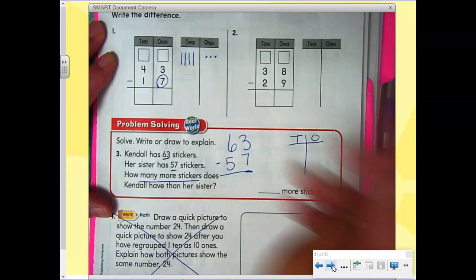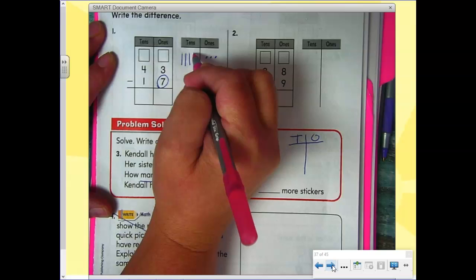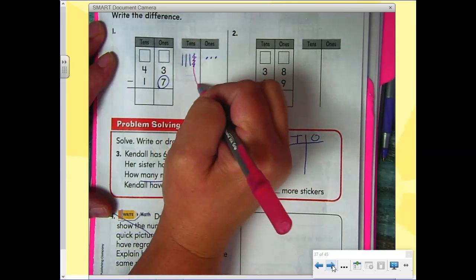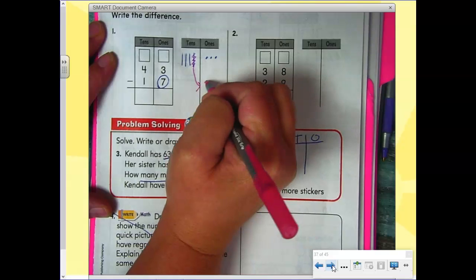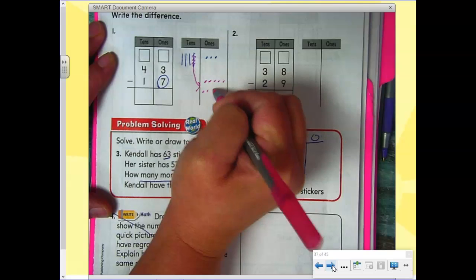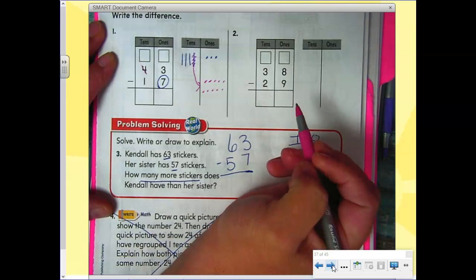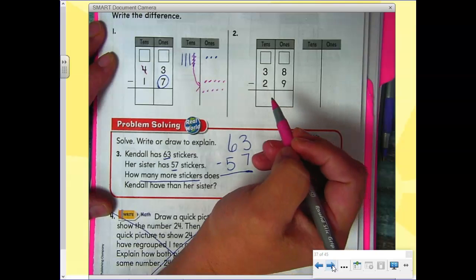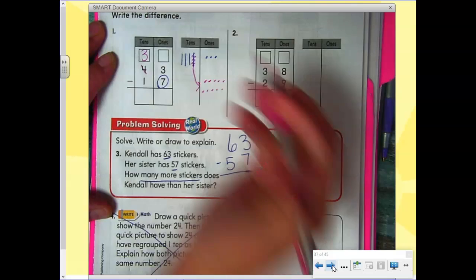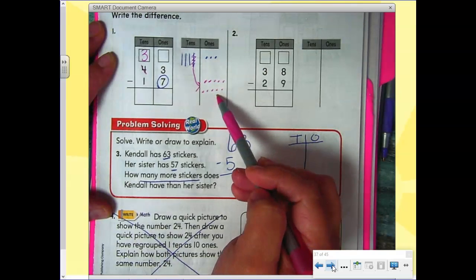So when we go next door and grab 10 more, this 4, we're going to take one away, a group of 10. We're going to move it next door and break it into 10 ones. So we no longer have 4 tens, we have 1 less. 4 minus 1 is 3. But in the ones column, I have 10 more now.